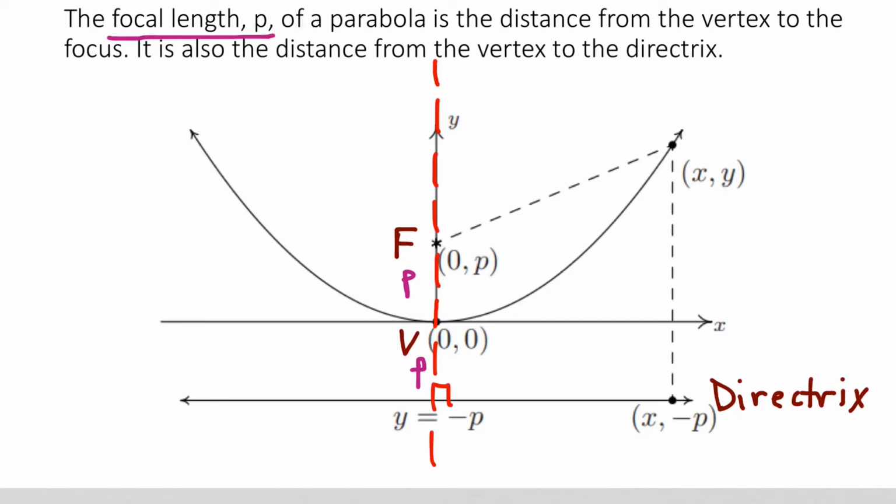So your axis of symmetry cuts right through your focal point and your vertex and is perpendicular to your directrix. So your focus is an ordered pair, your vertex is an ordered pair, and your directrix is the equation of a line, so it will have an equals in it.